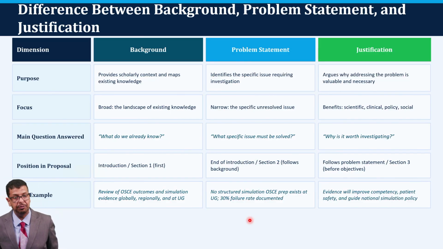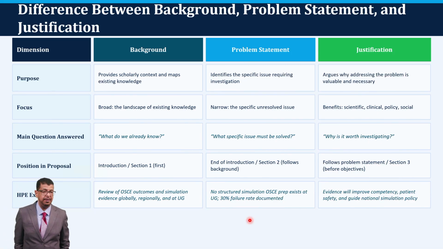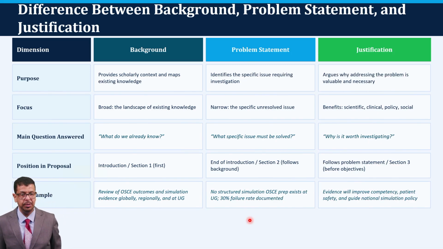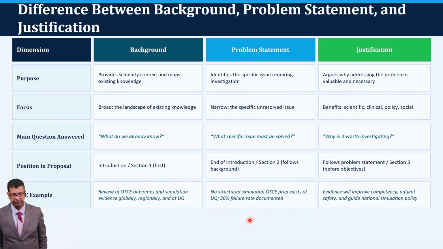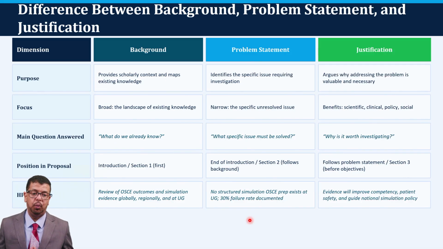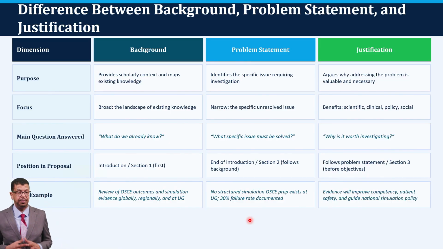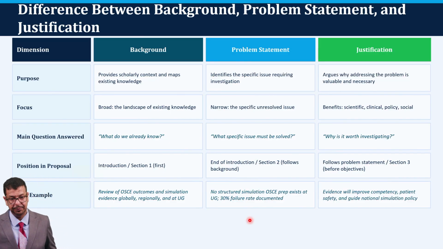The focus of the background is broad, the problem statement is narrow and on the specific unresolved issue, and for the justification, the benefit of the study. The main question answered by the background: what do we already know? Problem statement: what specific issue must be solved? And justification: why investigate it?